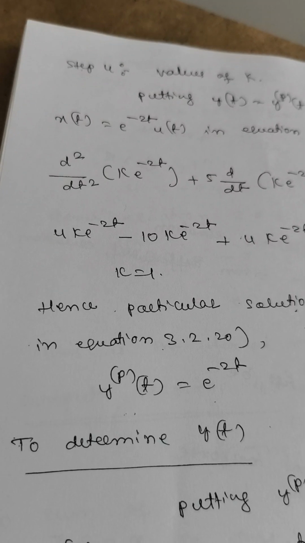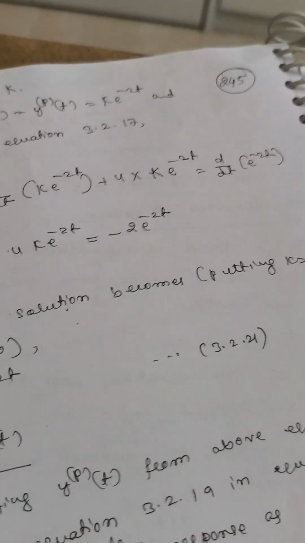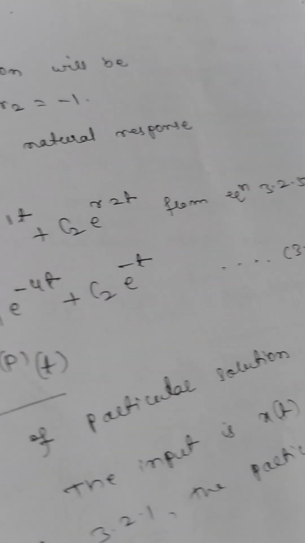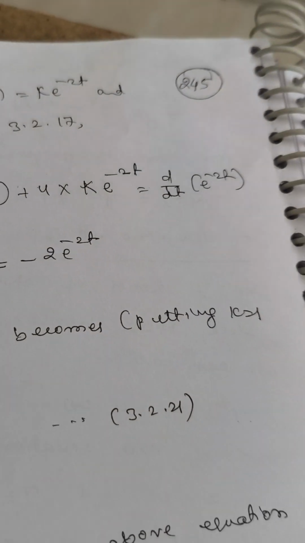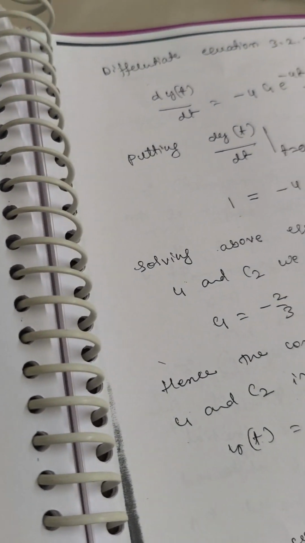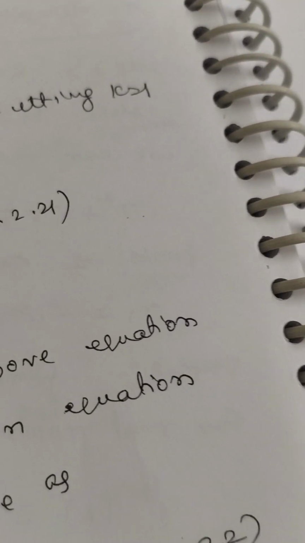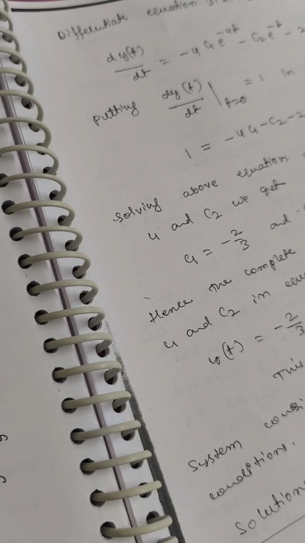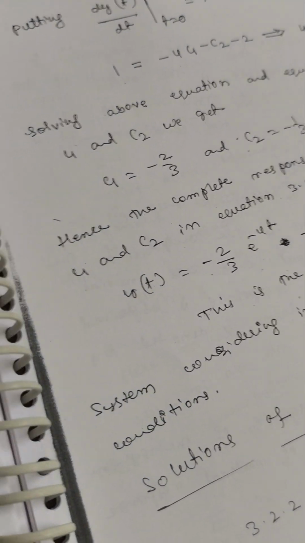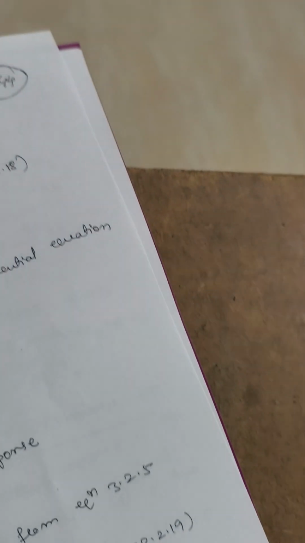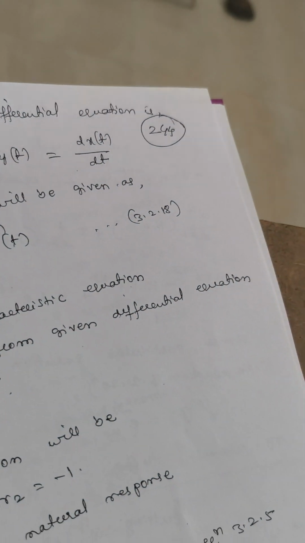Here, what is x of t? In place of x of t in this equation, x of t is e raised to minus 2t. That we have to substitute, that x of t value also. That is d by dt of e raised to minus 2t.